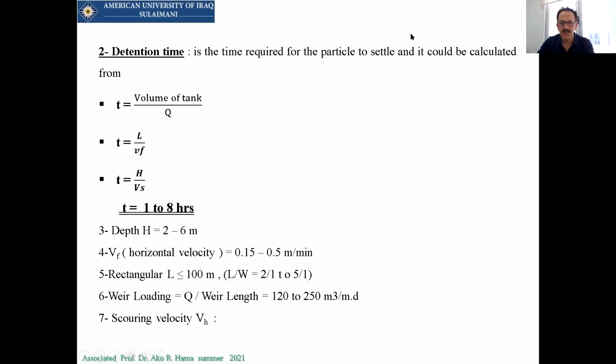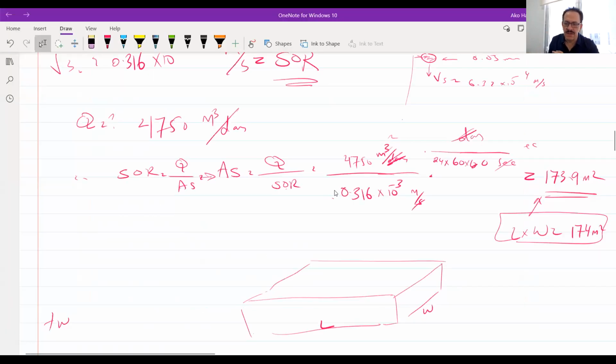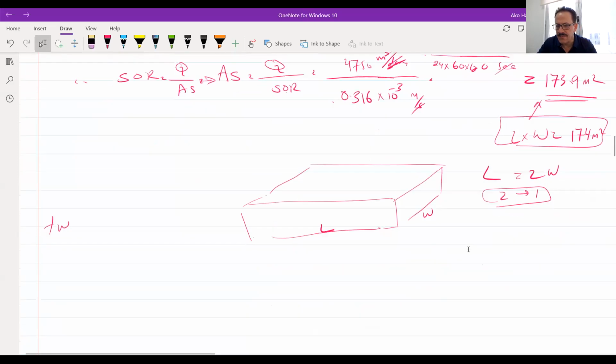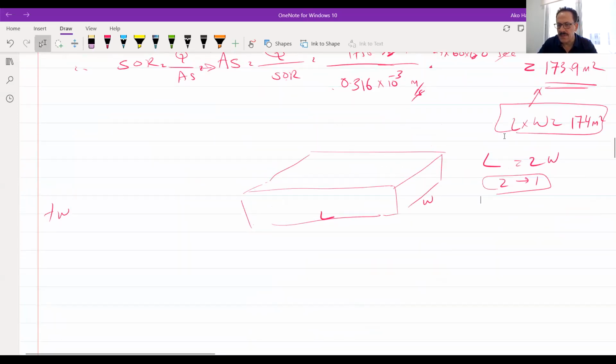the width. So if L equals 2W, that means 2 to 1. So what will be here in the calculation? I will say the 174 meters square will equal the length times the width.